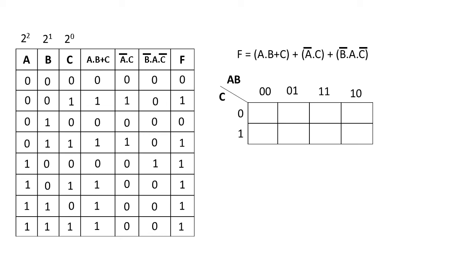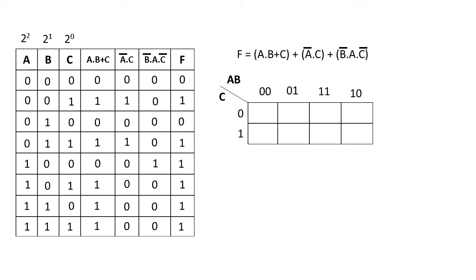Just watch the truth table and observe the position of the input A B C, 0 0 0. In this given K-map we have to put the function value of the first row, that is 0.